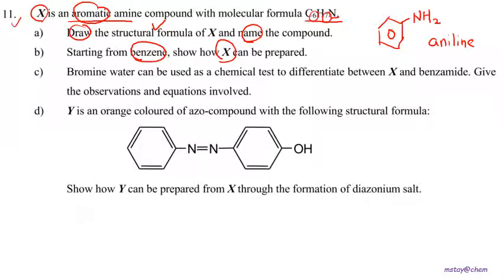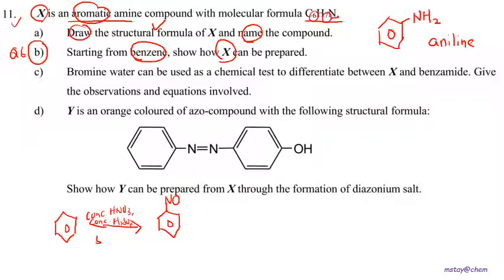Okay, and then from benzene, we are going to produce the aniline. Basically, if you still remember, in tutorial question number 6 we basically answered this question as well. Only at that time, they gave us the reaction pathway and we suggested the reagents. For question 6b, from benzene, as we know, benzene has 4 reactions. The only reaction that involves nitrogen, which produces nitrobenzene, is when benzene reacts with concentrated nitric acid in concentrated H2SO4, and the condition is 50 to 55 degrees Celsius.